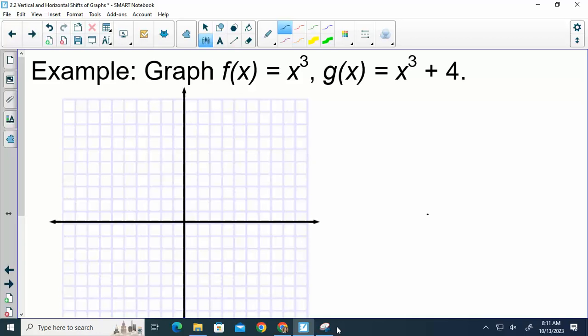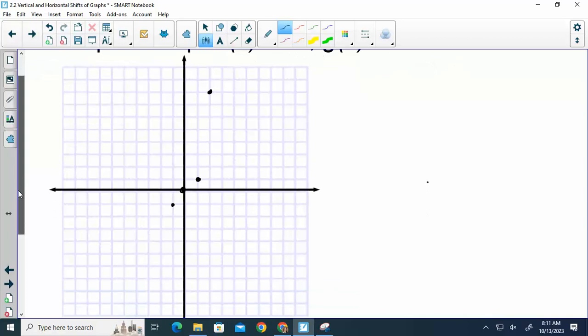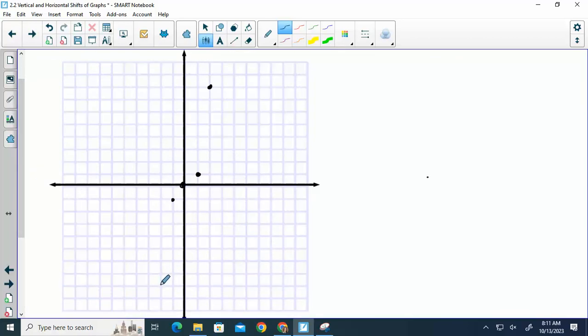So if I want some exact points, we can either make a t-chart, we can write them out. 0 cubed is 0, 1 cubed is 1, -1 cubed is -1. If you know what your graph looks like, this might be enough. If you don't, you might need more. So 2 to the third is 8. -2 to the third is -8. Alright, this is my parent function, so we're going to draw that as a dashed line.